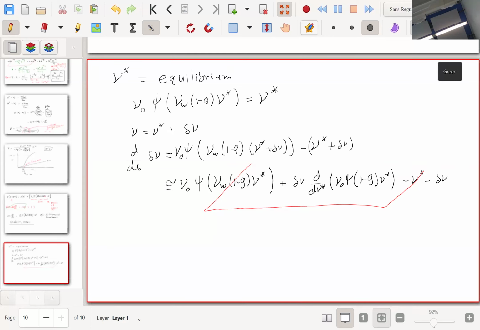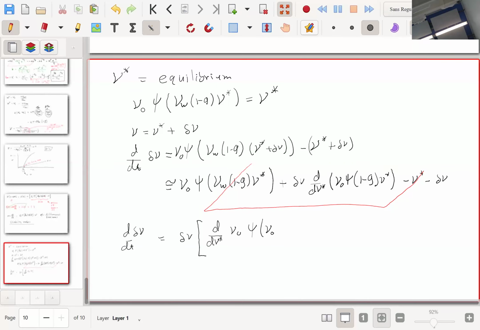And this thing is equal to d dt delta nu is equal to delta nu times d d nu star of nu 0 psi of w 1 minus g nu star, minus 1.